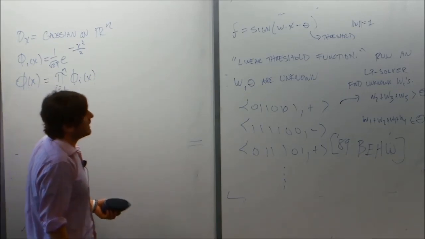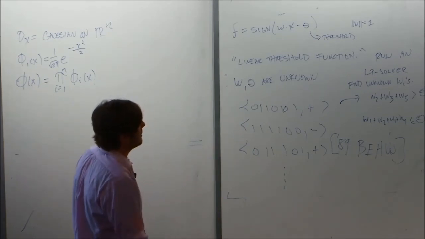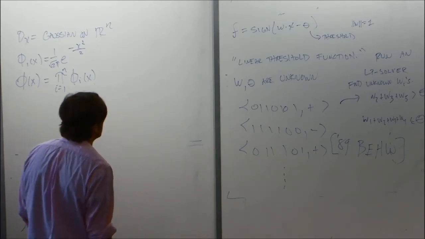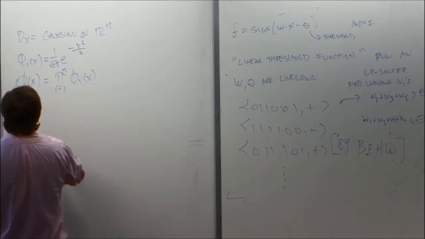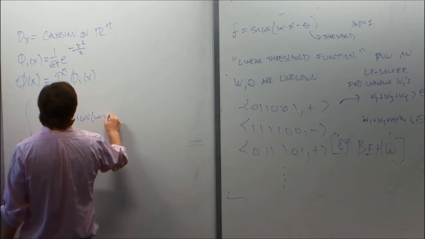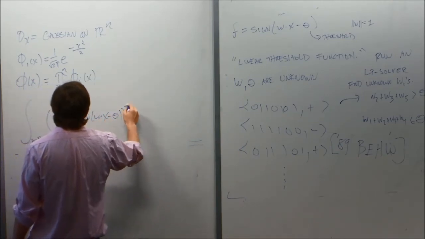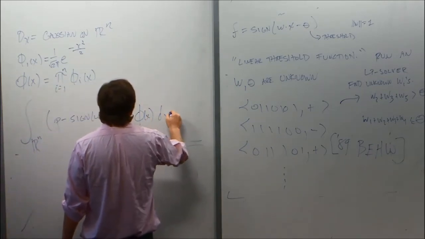And so I can rewrite, remember we want a p that has small expectation. I can rewrite this expectation as the integral over Rn of (p minus the sine of w dot x minus theta) squared, phi of x dx.